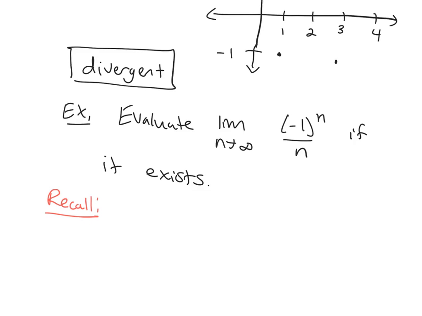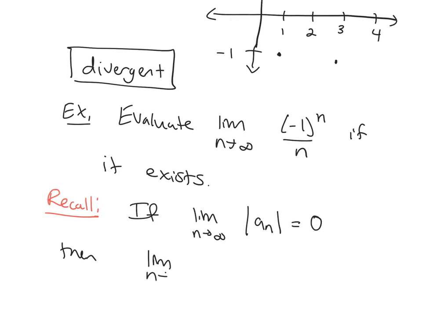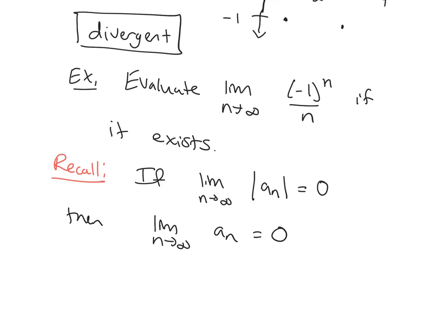Recall that if the limit of the absolute value of a_n is 0, then the limit of a_n is also 0 as well. And when I gave this to you on Friday, I said it's helpful whenever you have negative terms or whenever it's alternating, right? It's flip-flopping signs.